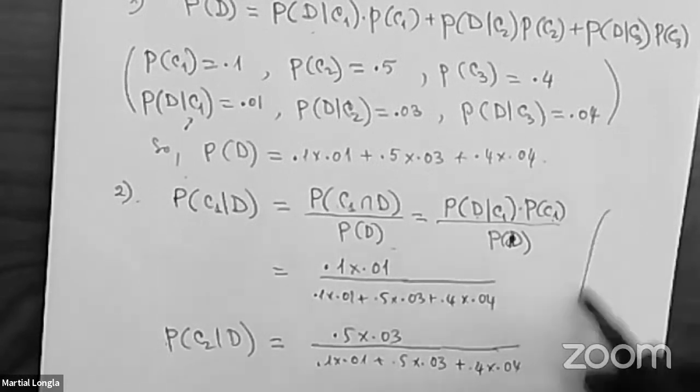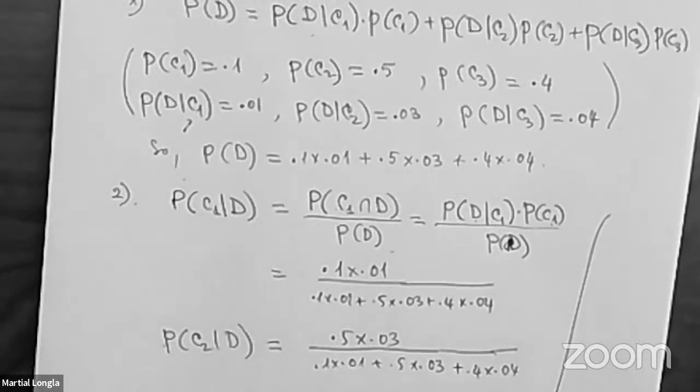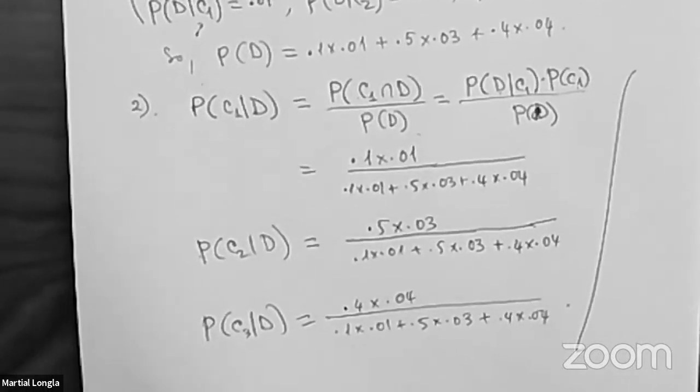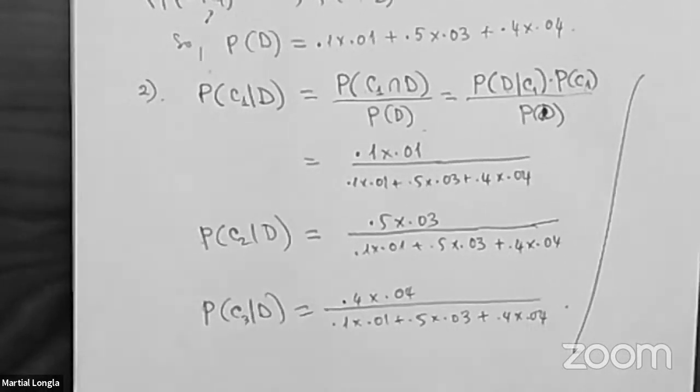That's it. Any questions about this? That's how we use the definition of conditional probability, the Bayes rule, and the law of total probability.